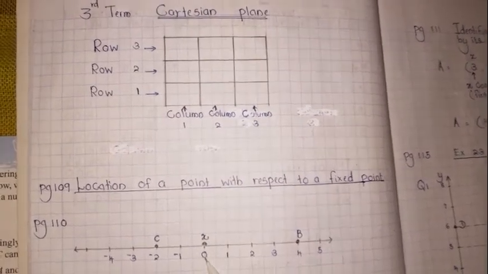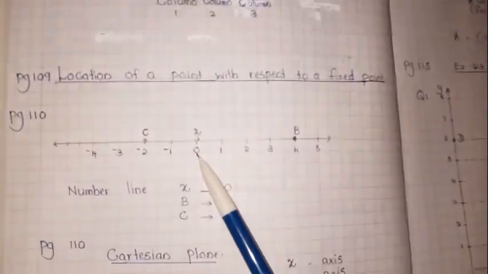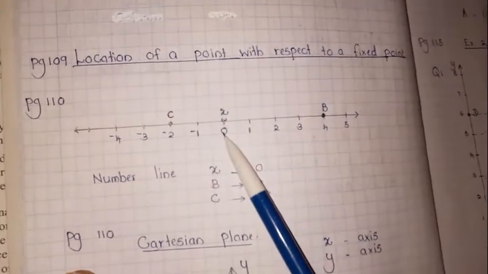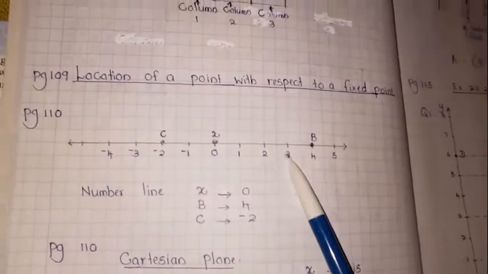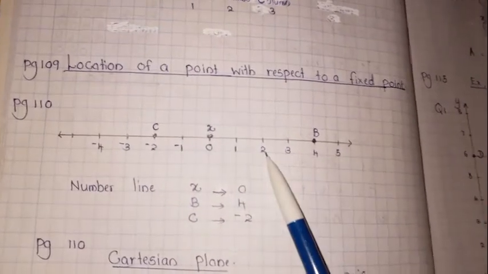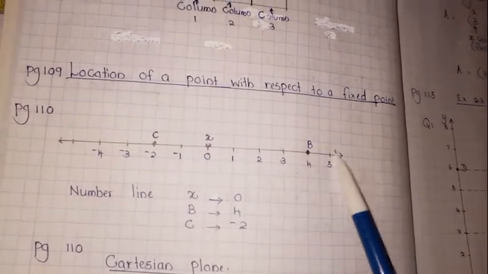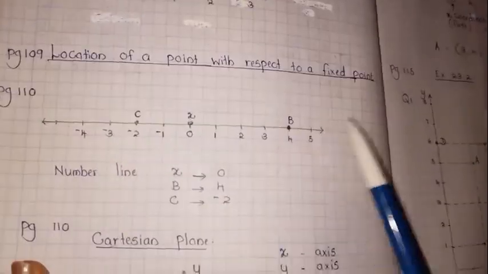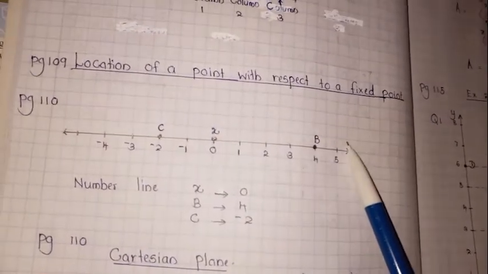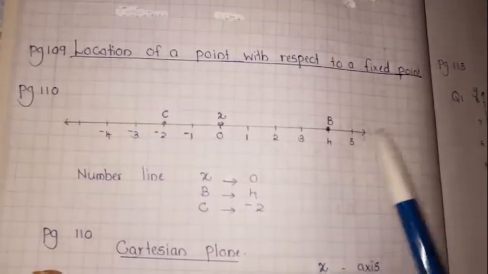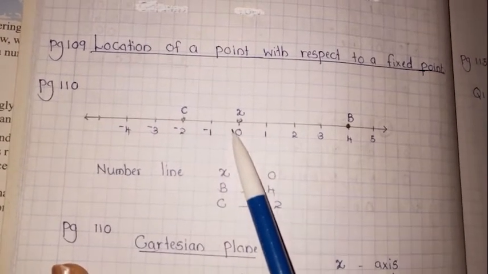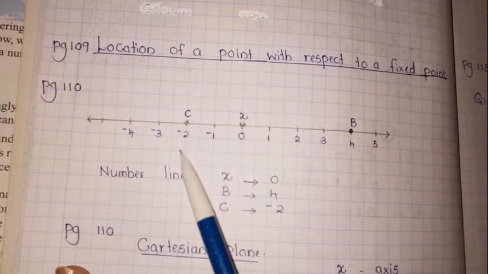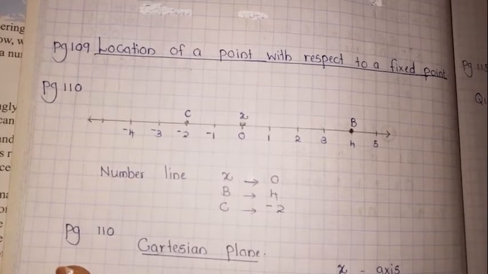Here, I have marked 0 in the middle. Then positive numbers, equal gaps, 1, 2, 3, 4. There will be some more numbers. I have marked an arrowhead also here. Then negative numbers, -1, -2, -3, -4.